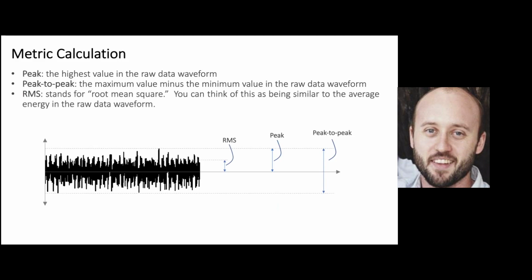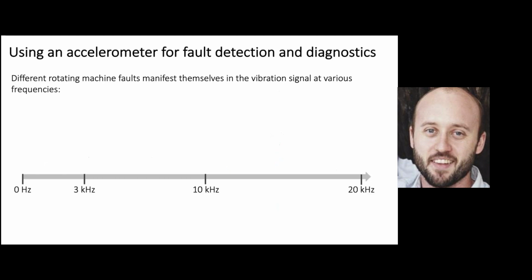So RMS is going to use all of the data points, and it's going to kind of look at an average energy in the waveform. And this is something that is actually very useful in fault detection because it disregards specific frequency components, but it looks at the entire signal as a whole and says, are these energy levels rising? Regardless of what frequency they're occurring at, are these energy levels rising?